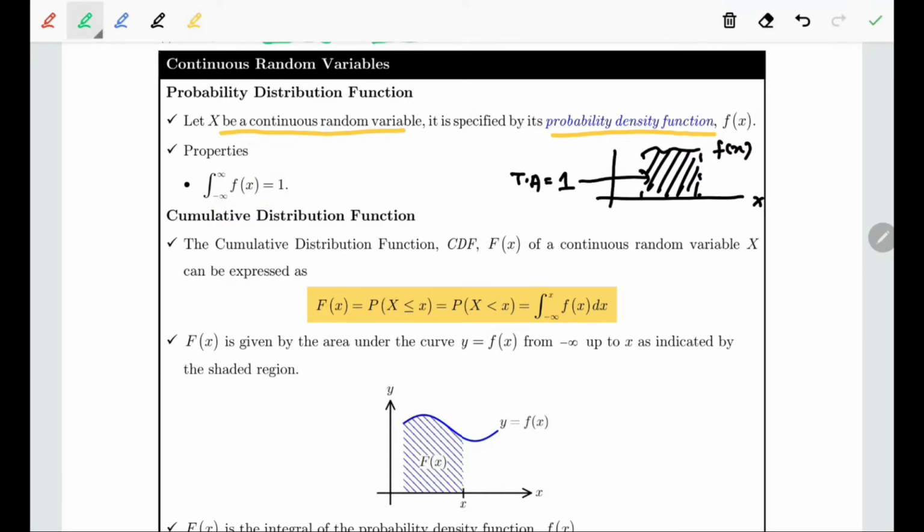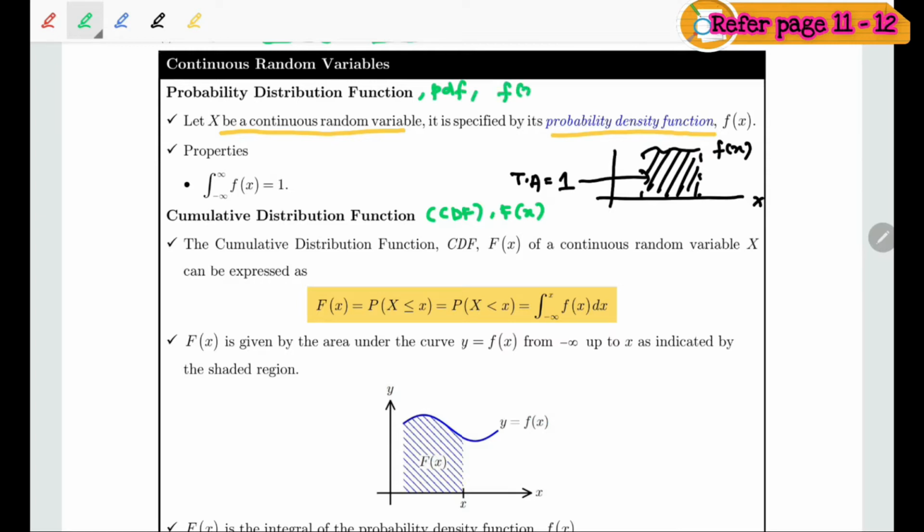For the cumulative distribution function, which is the CDF, there is another notation, which is a capital letter F. Before this, for the probability density function, we can use the short form PDF, with the notation f(x). That's the difference in how we write the notations.